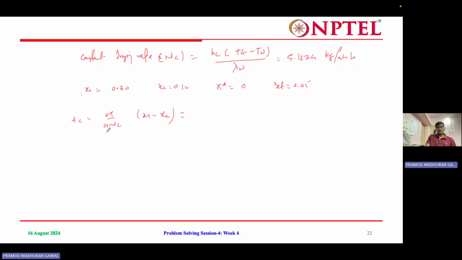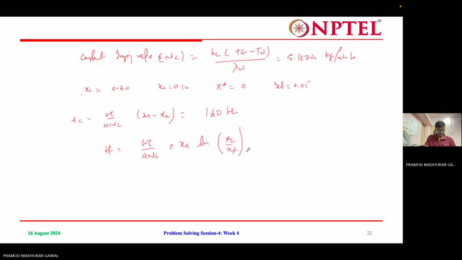Ws by A is 40, Nc was just calculated as 5.13, Xi is 0.30 and Xc is 0.12, so tc is 1.40 hour. Now tf is Ws by A into Nc times Xc into ln of Xc divided by Xf.